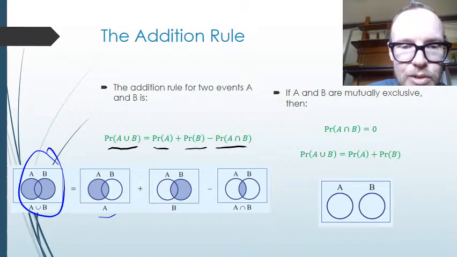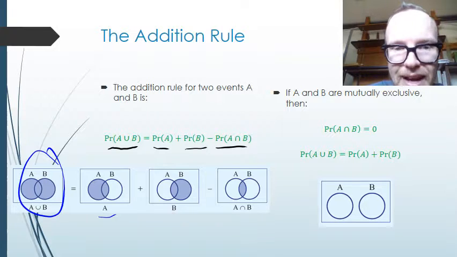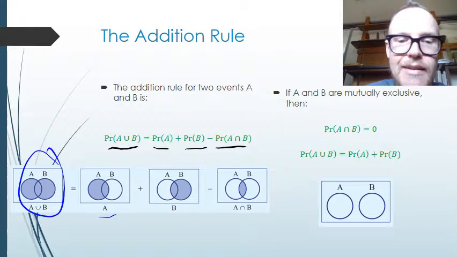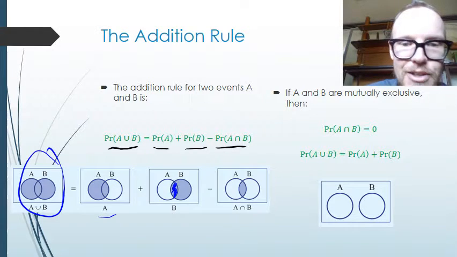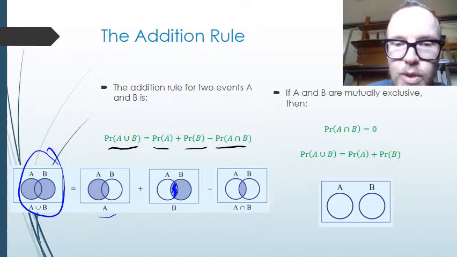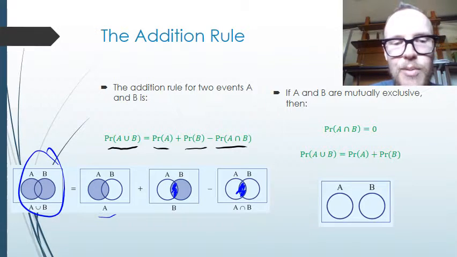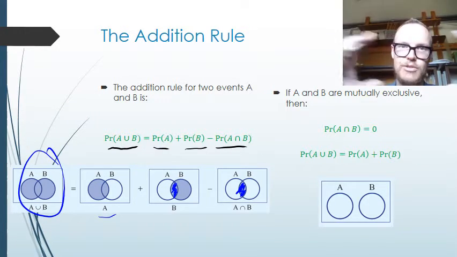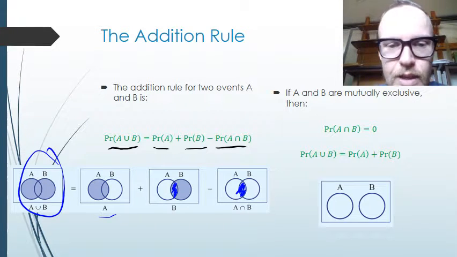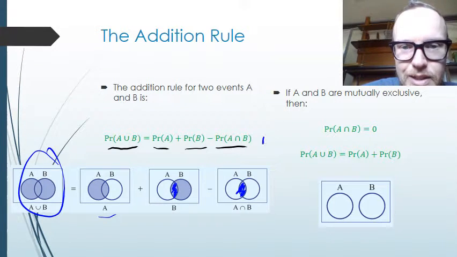If we just added the probability of A and the probability of B together, we would be doubling up on this middle section. So we need to subtract the probability of the intersection away, so that we're left with the probability of A only, the probability of B only, and the intersection all combined together. That's where this rule comes from.